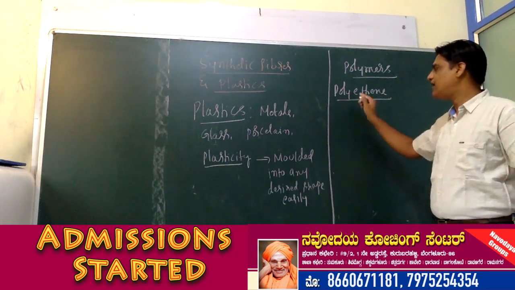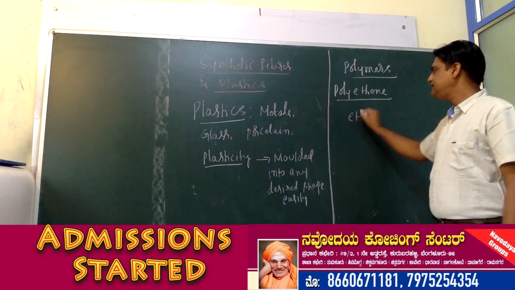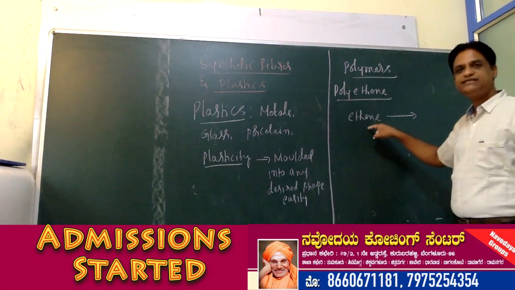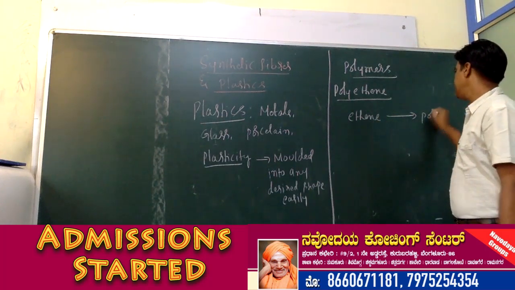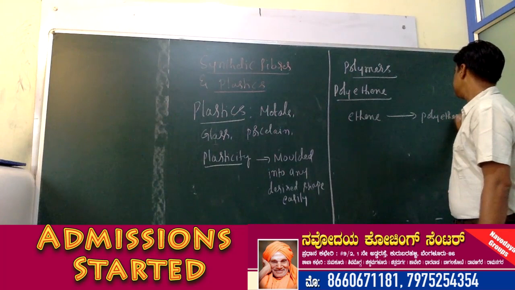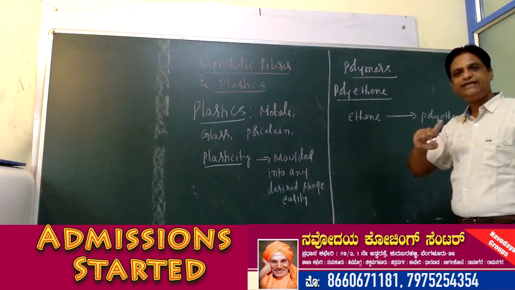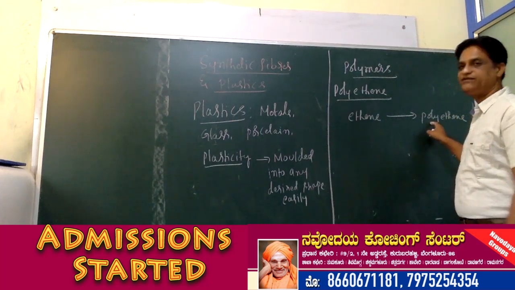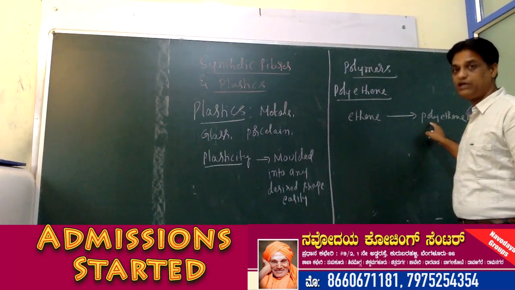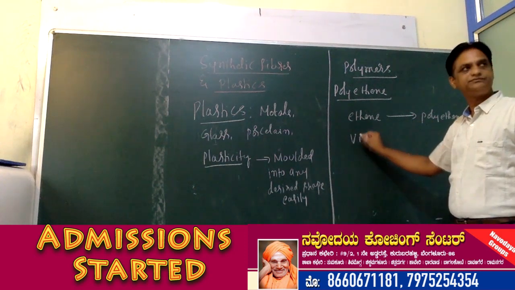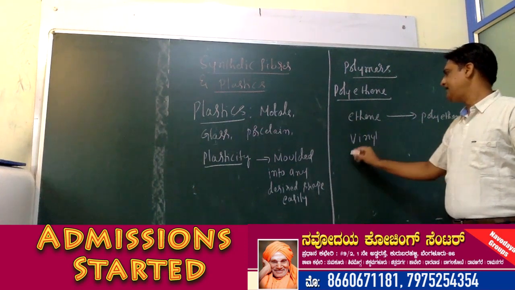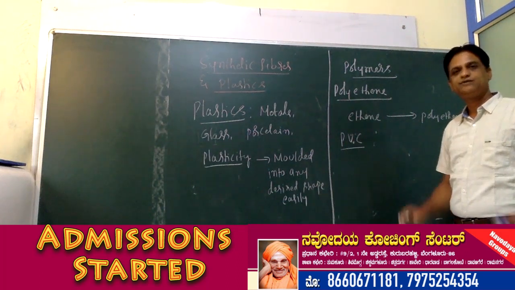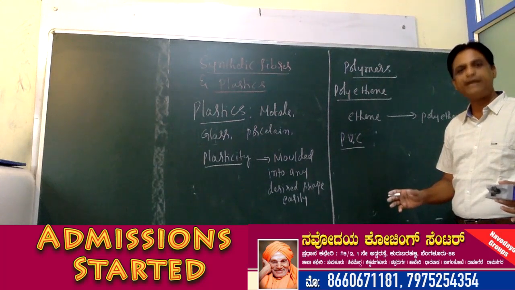Okay. So how is polythene prepared? Polythene is prepared starting from ethene. When ethene is subjected to a chemical reaction, we get polythene. Many ethene molecules combine with one another and form a big molecule called polythene. Similarly, second example, PVC. Most of you have heard about PVC pipe.